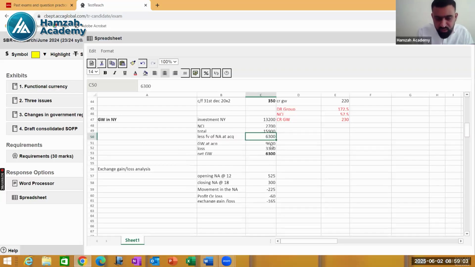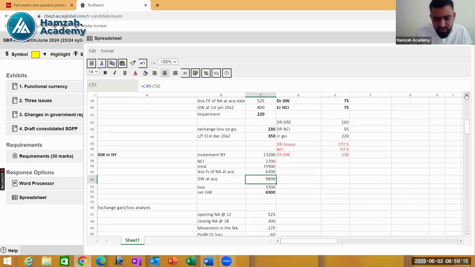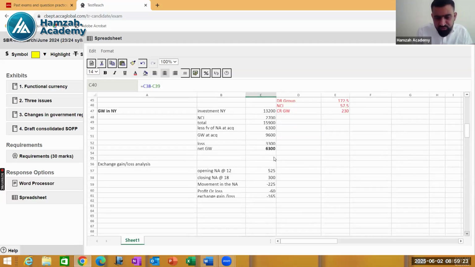million US dollar. So the goodwill at the date of acquisition in NY is 9,600 in NY currency, and if you translate it using the exchange rate, where 1 dollar is equal to 12 NY, it would be 800. And then in terms of NY, there is impairment of 3.3 million.